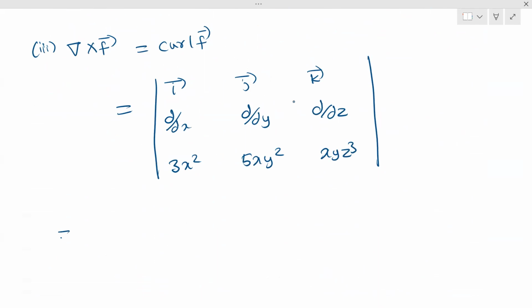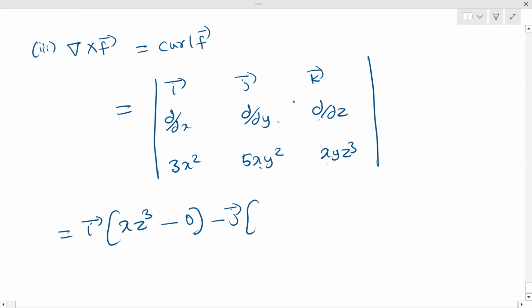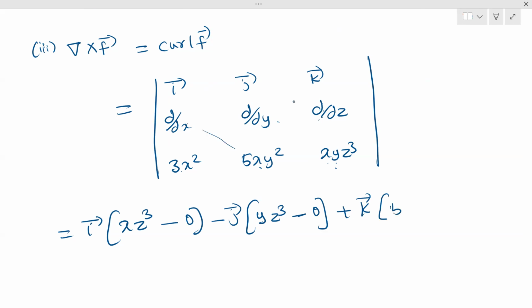We have to expand the determinant. i vector into dou by dou y of this one, that is xz cube, minus dou by dou z of this term, that is 0, minus j vector into dou by dou x of this one, that is yz cube, minus dou by dou z of this one is 0, plus k vector into dou by dou x of this one, that is 5y square, minus dou by dou y of this one is 0.